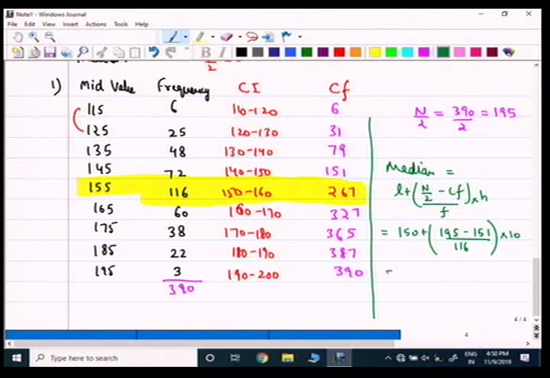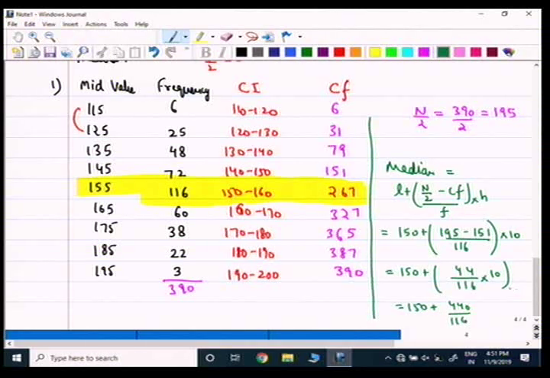So 195 minus 151 is 44. 44 divided by 116 into 10. So it is 150 plus 440 divided by 116.